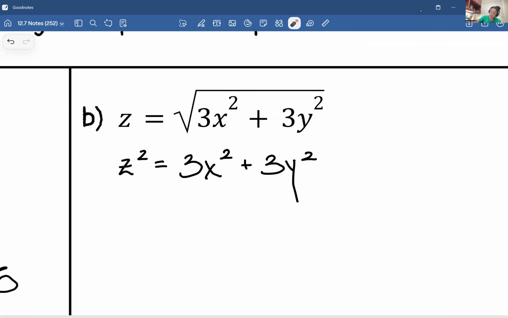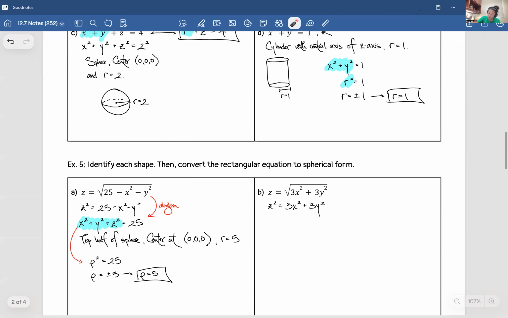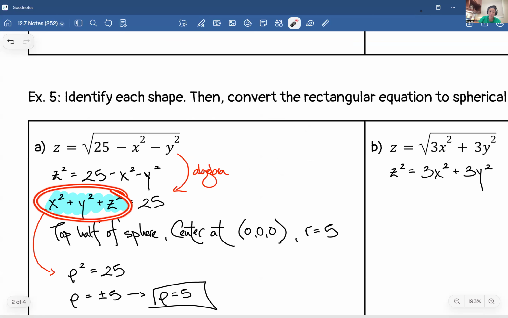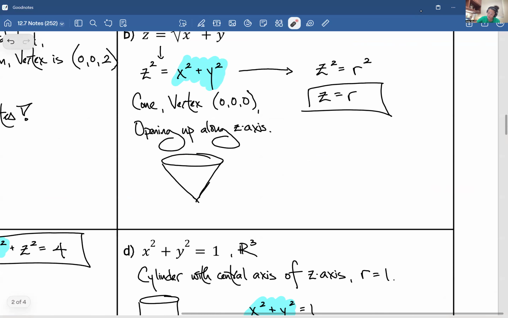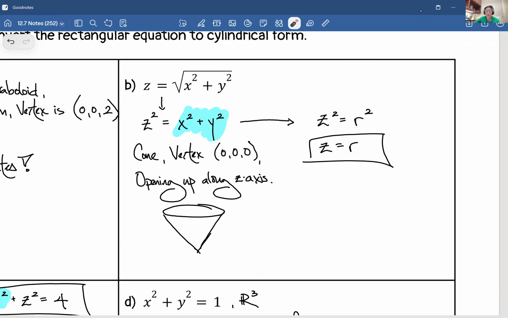Instead, let's go back to what we had earlier. It's also not like x squared plus y squared plus z squared, because they're on different sides and we're not adding or subtracting all of them. But where did we see something similar? Over here. So it turns out in this case, we're going to have a cone because it's of this form: z squared equals x squared plus y squared.